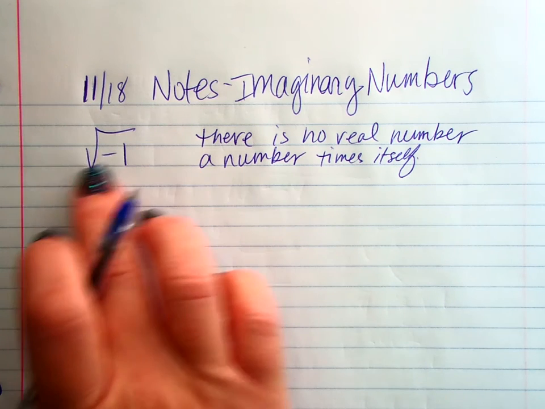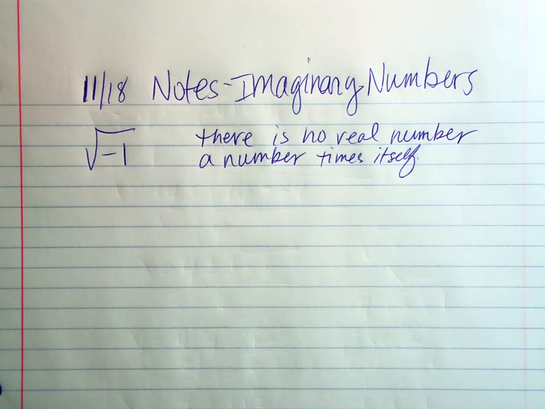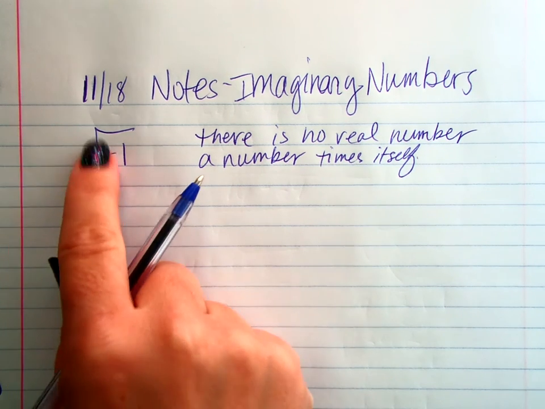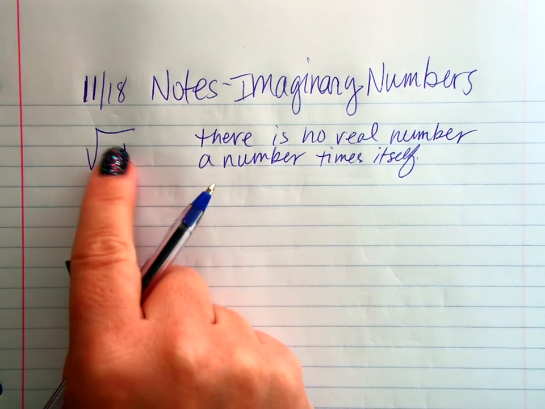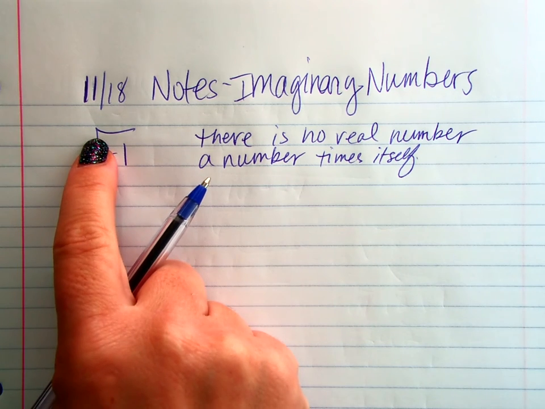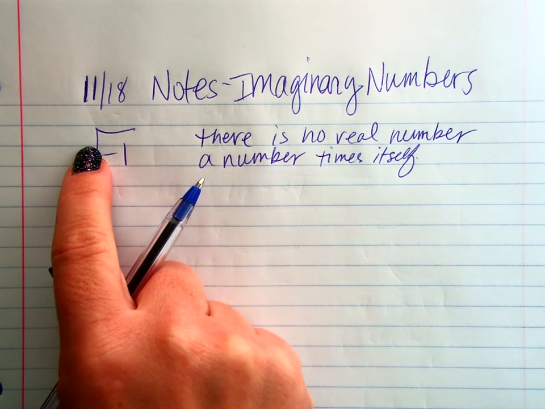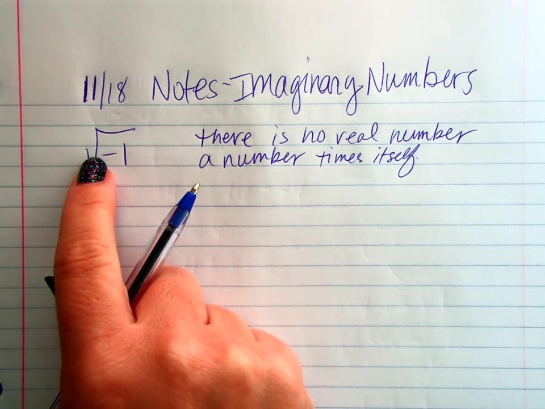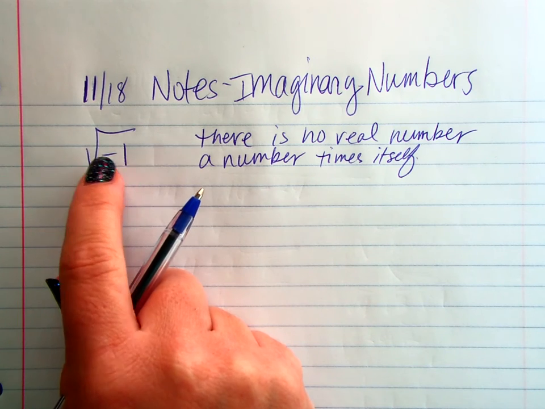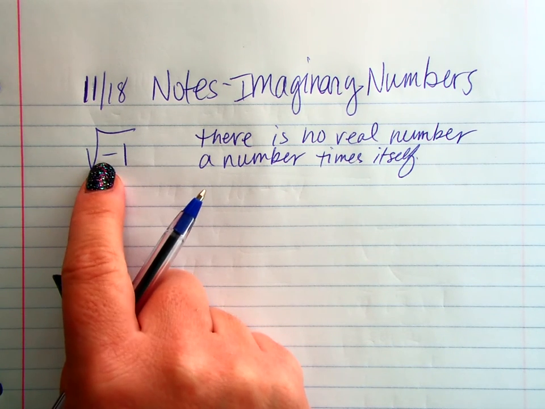So for many thousands of years, mathematicians said there was no solution. There is no real number times itself when you have an even index that gives you this odd result. Even index means, in this case, a square root, and so a number times itself 2 times, right? So we can't get this solution.